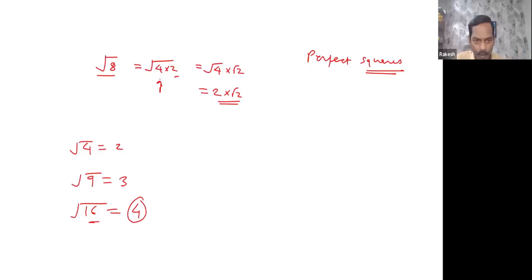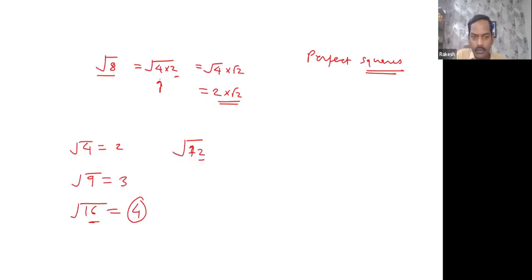For example, I need to simplify under root of 72. I know that the closest perfect square which is close to 72 but less than 72 is what? 36, right? 6 square is 36, 7 square is 49, correct? Then, sorry, not the closest. We have to find one such that it should be a factor also. That perfect square should also be a factor of 72.